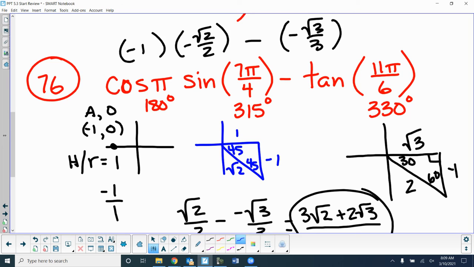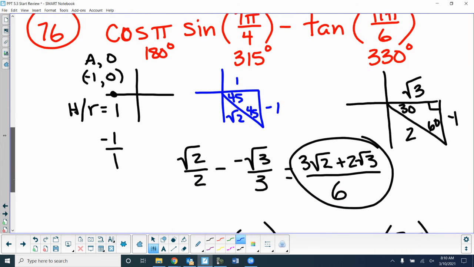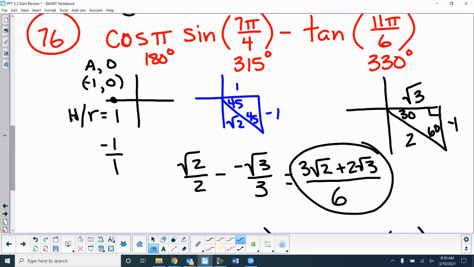So negative 1 over 1 is that. The sine of this is opposite, negative 1 over the square root of 2. Which is -1 times a -1 makes it positive. So that's where that came from.